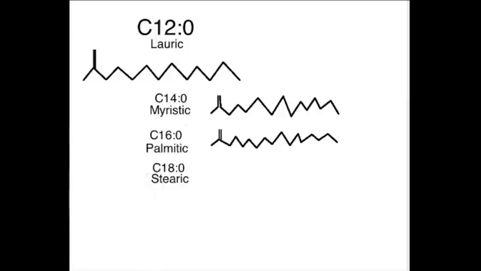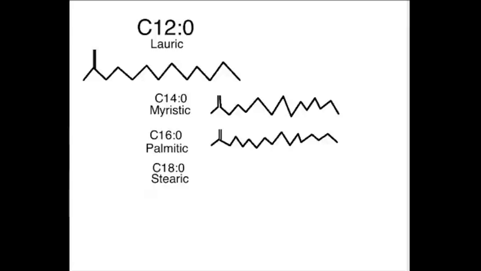So that's going up, just the ones with no double bonds. Lauric, myristic, palmitic, and then stearic, because I use my fingers to steer the car. It goes wrist, palm, steer, and then you have to remember that Laura is 12. That one I'm not going to draw because that's just a ton of carbons, and it's not going to be that helpful.